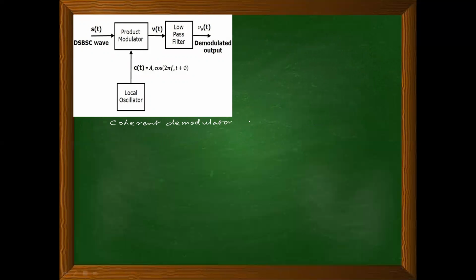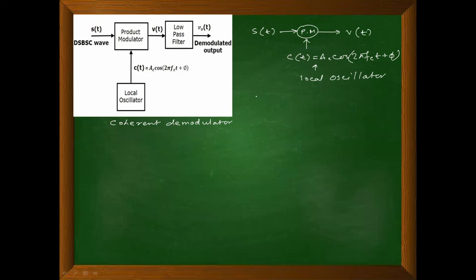In this case, the DSB-SC wave, which is nothing but the modulated signal s(t), is fed to a product modulator, where c(t) = Ac cos(2πfct + φ), coming from a local oscillator, is multiplied. It gives me v(t), and this v(t) is next fed to a low pass filter to get v0(t), which is in the form of m(t).